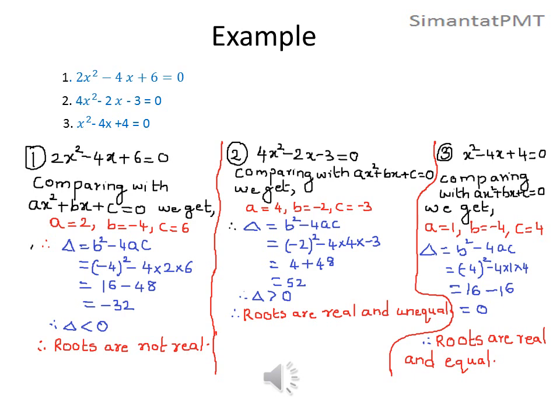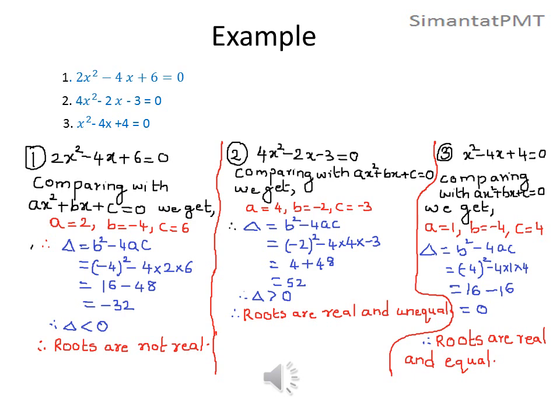B square minus 4ac, which is equal to minus 2 the whole square minus 4 into 4 into minus 3, which is equal to 4 plus 48, which is equal to 52. Therefore, delta is greater than 0. So roots are real and unequal.